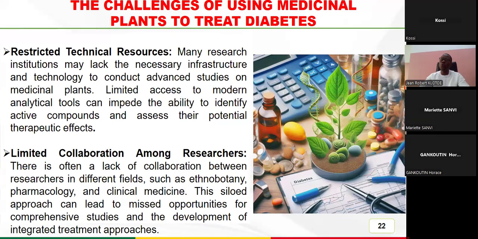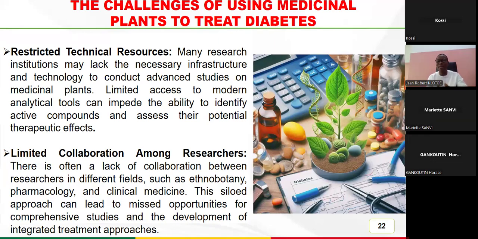Most of the advanced research in the domain, either when it is about identifying the molecular structure of the components, or identifying the mechanism of action of the substances, we see that it is the collaboration between African laboratories and Northern country laboratories that helps to perform these kinds of studies.